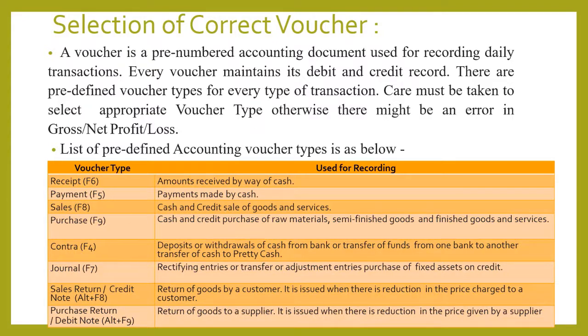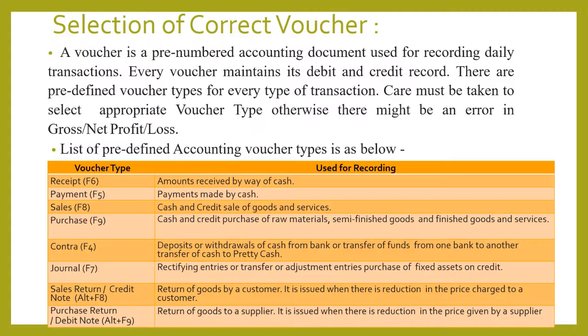Now, the journal voucher is used when there is an adjustment entry. For example, depreciation on machinery. In this case, there is a depreciation account as well as the machinery account, which is under fixed assets. So when there are adjustment entries, or purchase of a fixed asset on credit, then we use the journal voucher.